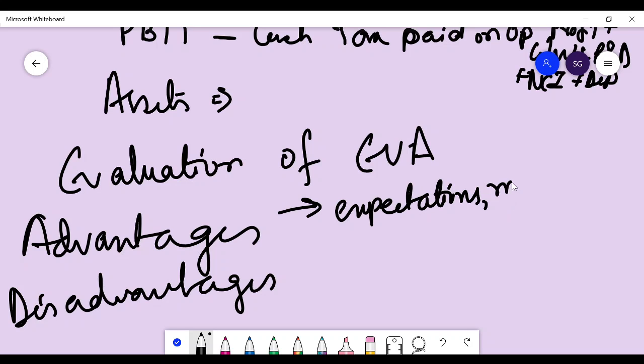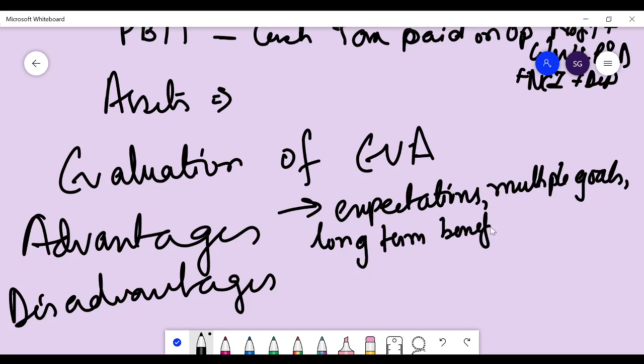It replaces multiple goals. It encourages long term benefits. It removes distortion, and it is consistent with NPV.